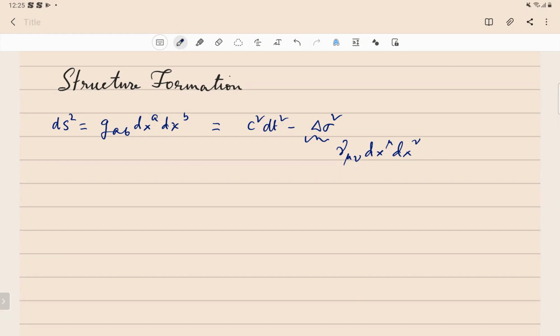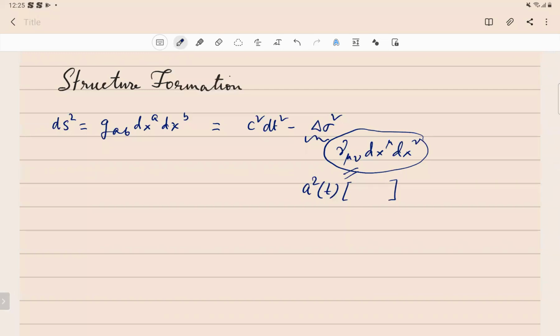And then what the general prescription is, we take a metric of this form. And of course, one has to understand that this γ_μν that we have has to also incorporate the expansion. So this has the form a²(t) times some metric, which is the three-dimensional metric of a constant curvature space.